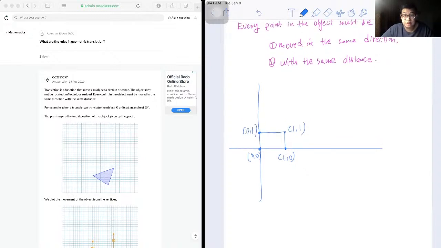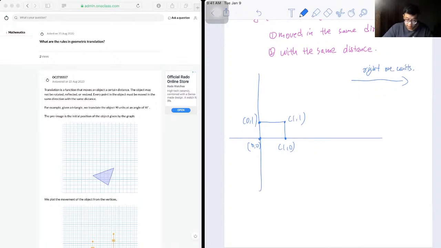If we want to move this to the right 1 unit, let's see what we got. So the 0 0 will transfer to 1 0, and 0 1 will be transferred to 1 1, and 1 1 will be transferred to 2 1, and 1 0 will be transferred to 2 0. Right.